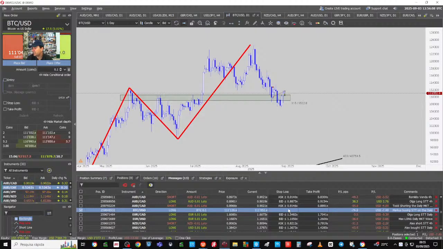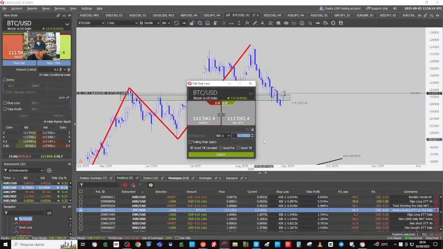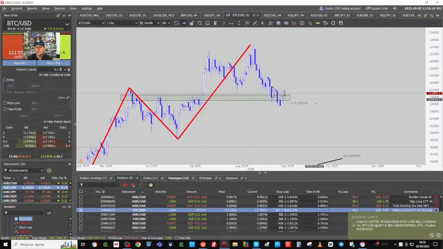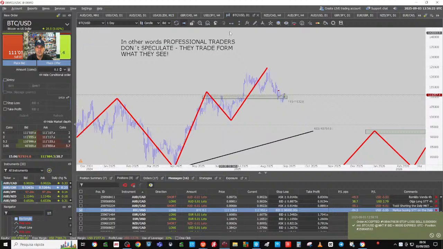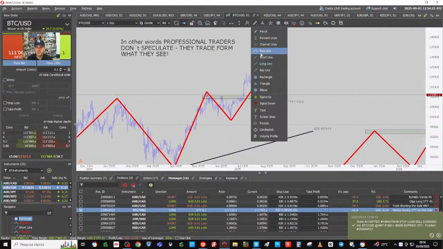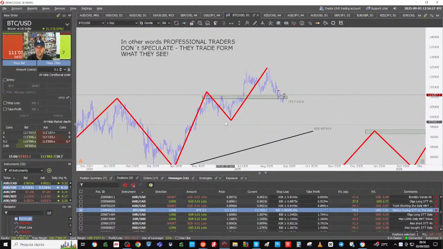Stop loss 96,000. Marcus says 96,100. Submit. I believe it's all right, everybody. What do you think? This is Marcus's stop loss. It's down here. There is no right or wrong anyway.